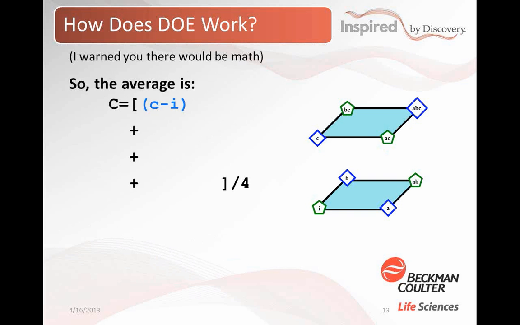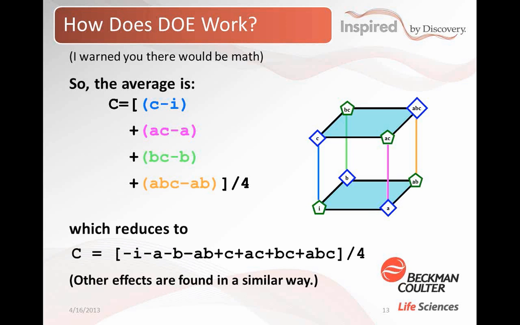So the average would be something like the C minus I plus the AC minus A, etc. We go through all of those combinations, and then we average those effects together, and that's kind of our average effect that we would attribute to factor C. So we reduce that to a nice little formula, and all the other effects can be found in a similar way, and you can do the math to find out how to do interactions as well.